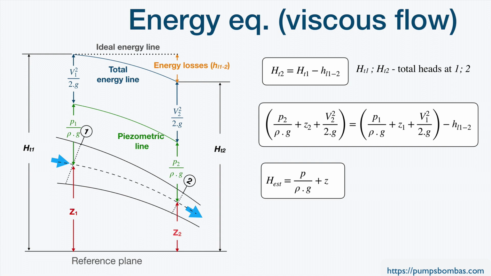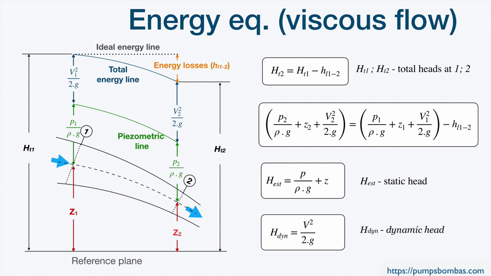So this is the part of the head that doesn't change with the flow rate. And the other part is the dynamic head, which does change with the flow. Normally the dynamic pressure is measured with the pitot tube, but we will not enter into details of this kind of pressure measurement in this course.